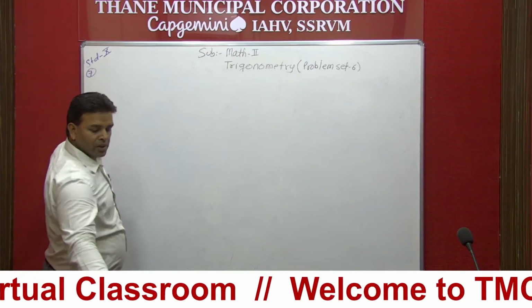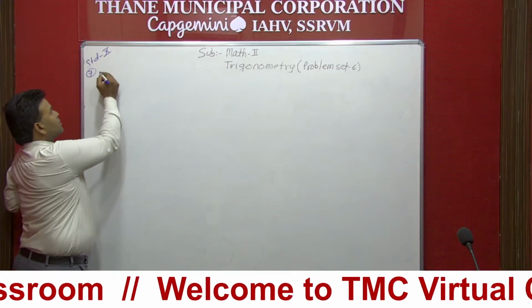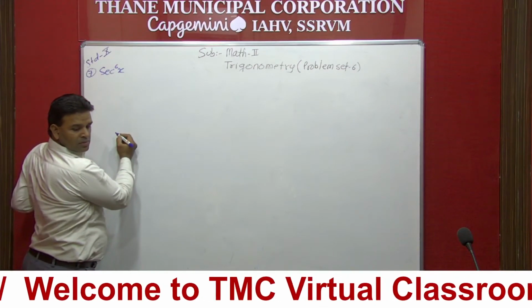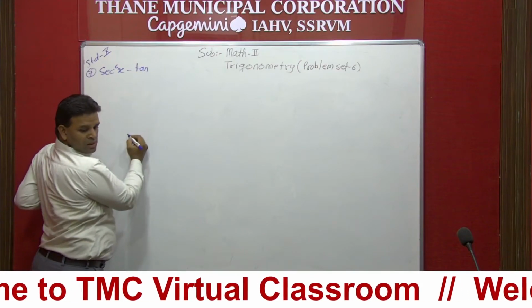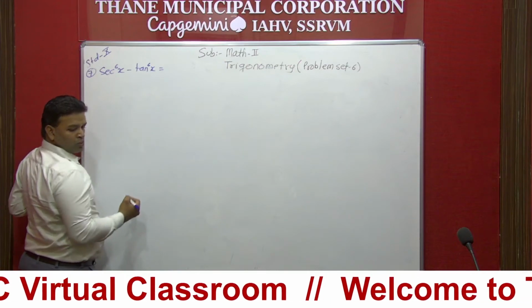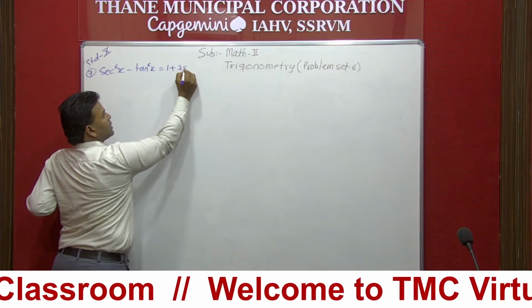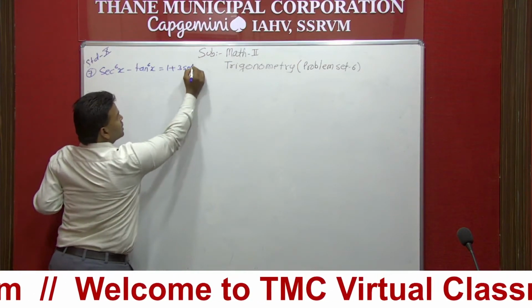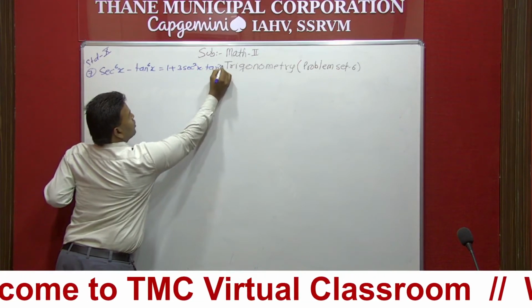See the question. Sec power 6x minus tan power 6x is equal to 1 plus 3 sec square x dot tan square x.